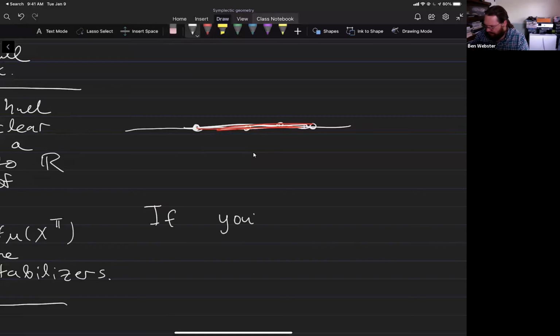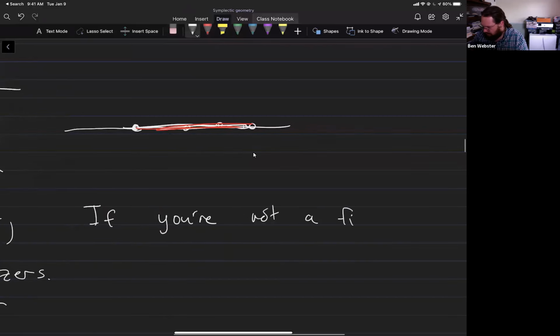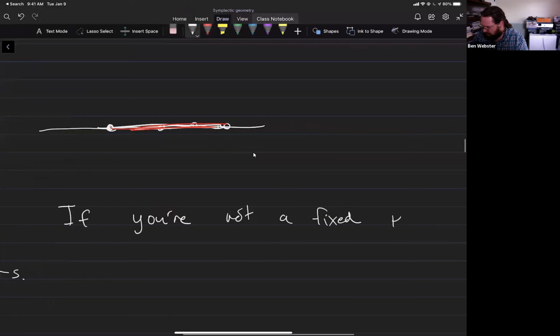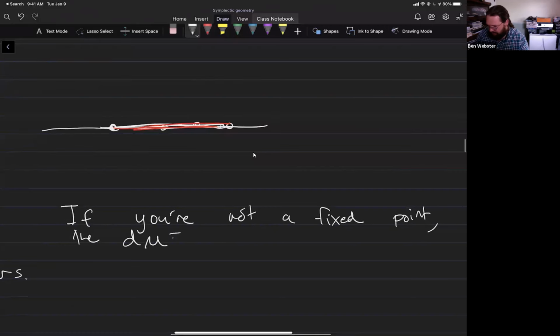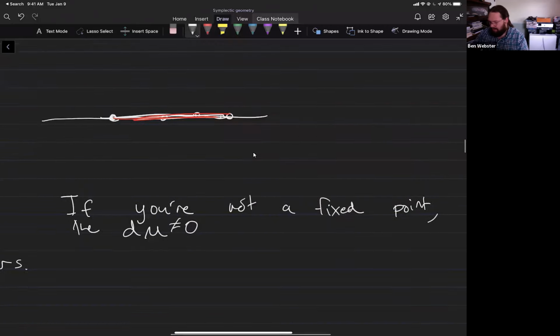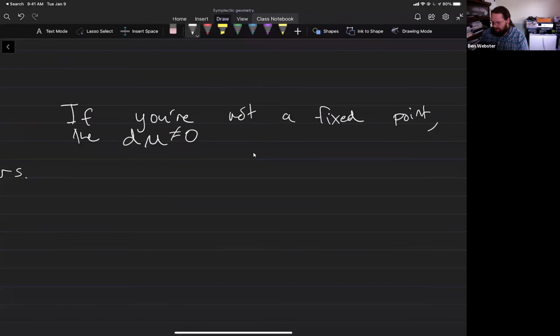if you're not a fixed point, then the derivative of the moment map is not 0. So it must be that there's some direction through your point where you can vary your position upstairs along some path, and then map that down and get a path.